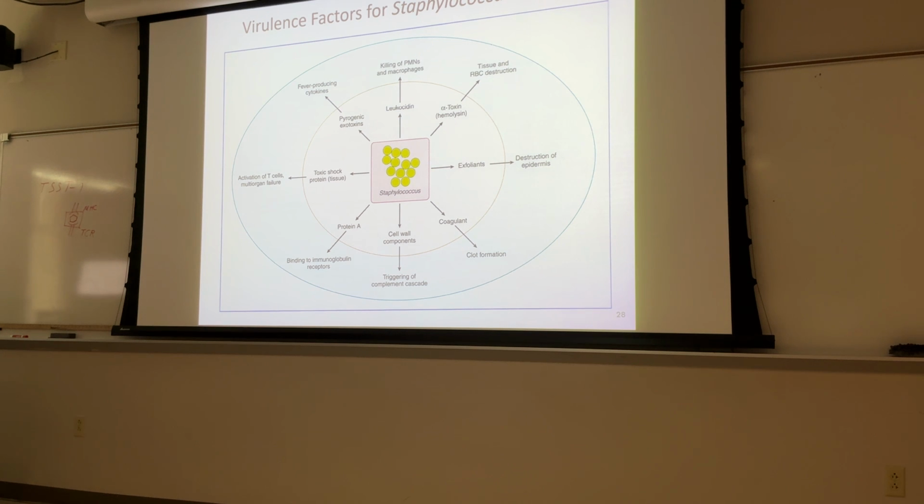Sometimes somebody will ask, why do we talk about this like everything? That's why. Because it has all these different virulence factors that give it the ability to pretty much cause pathogenesis anywhere that it may be.